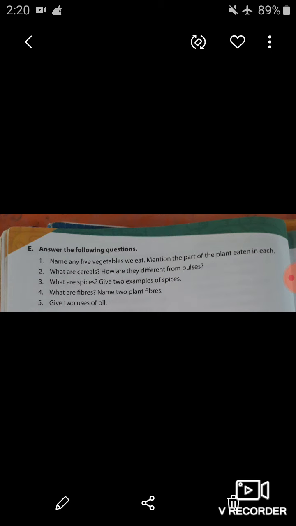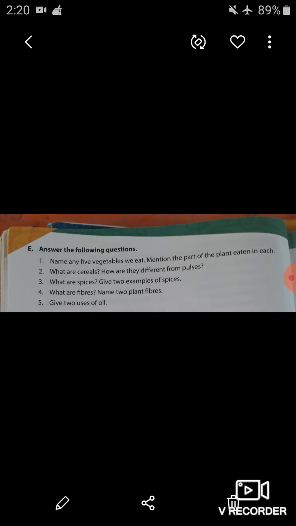The next question is, what are fibers? Name 2 plant fibers. So here you have to write the definition of fibers and then name 2 plant fibers. Next question, give 2 uses of oil. Here you have to write any 2 uses of oil.